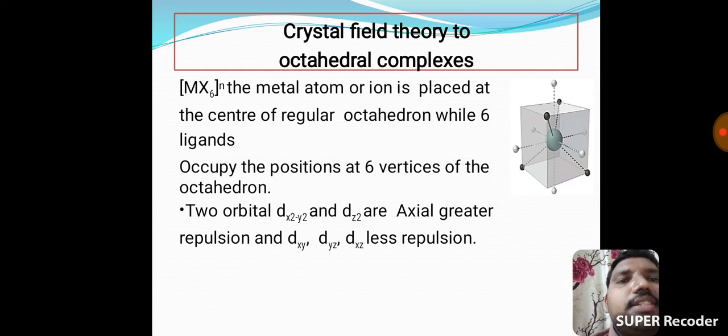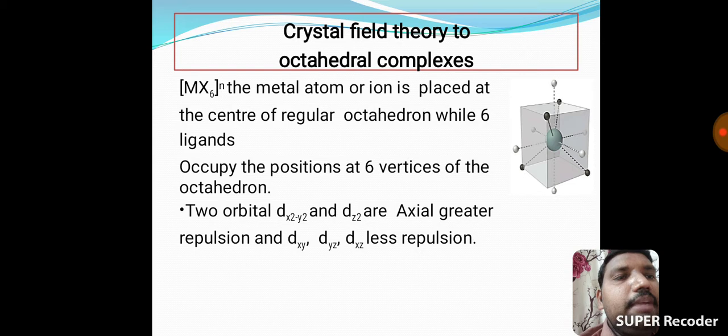The two orbitals dx²-y² and dz² are axial, with greater repulsion, and dxy, dyz, dzx have less repulsion. This is the octahedral structure.